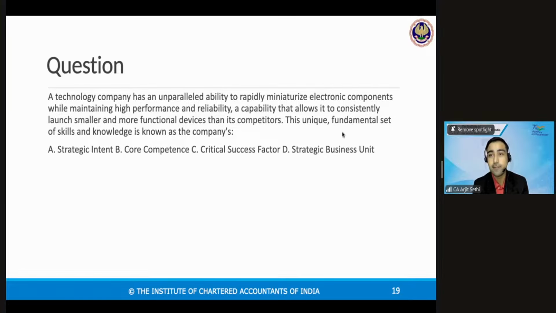It's just put in a different, interesting way. What is the right answer, my friends? The right answer is core competence.